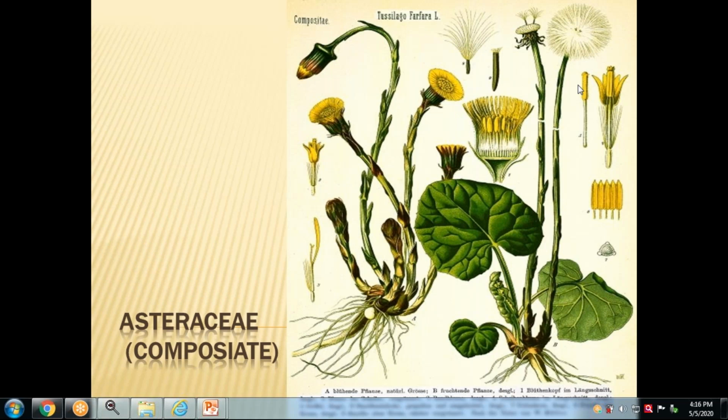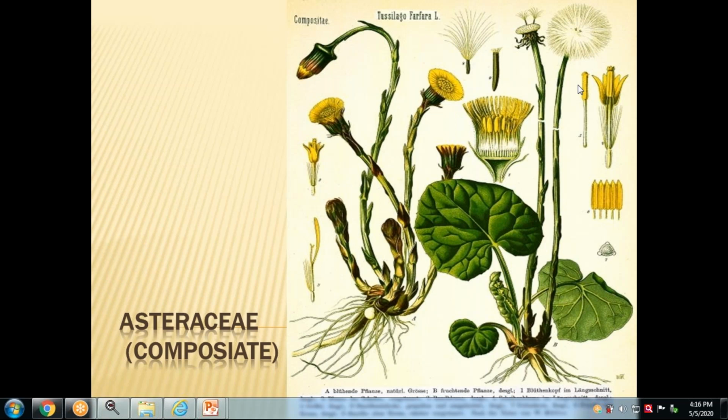Here we are getting Asteraceae. They are generally herbs. They also have basal leaf arrangement. There is a very strong inflorescence. Pedicel is present. But here we are going to see 2 types of flowers. As everybody has seen the sunflower, what we see as a flower is a whole inflorescence.